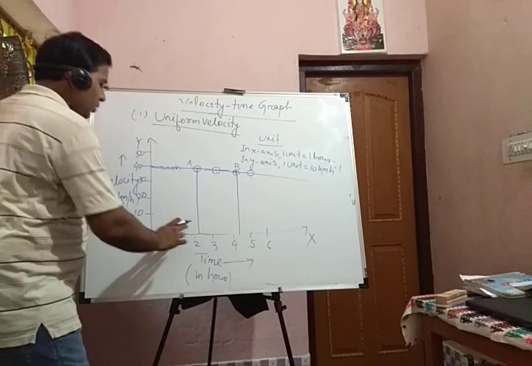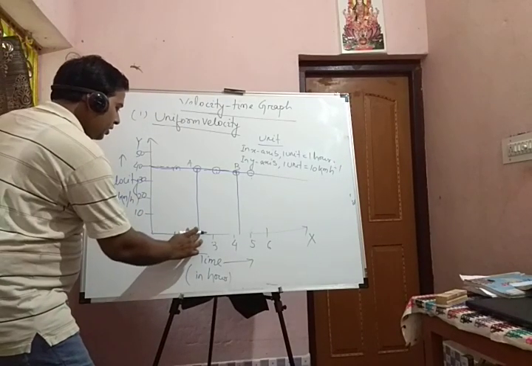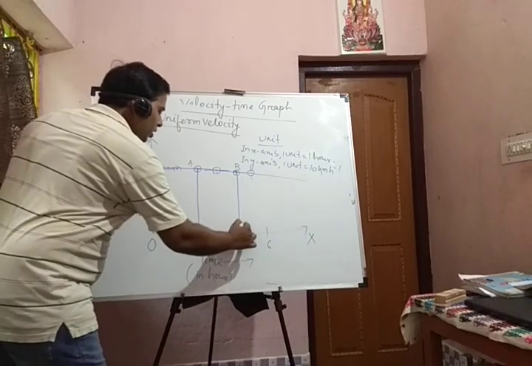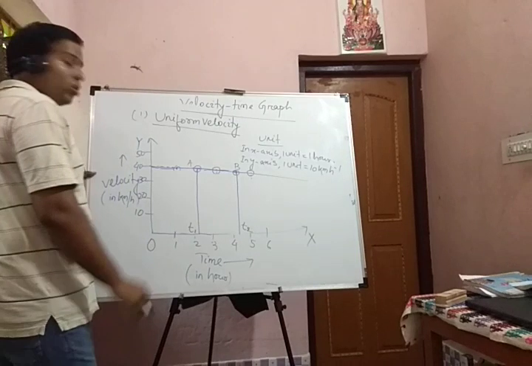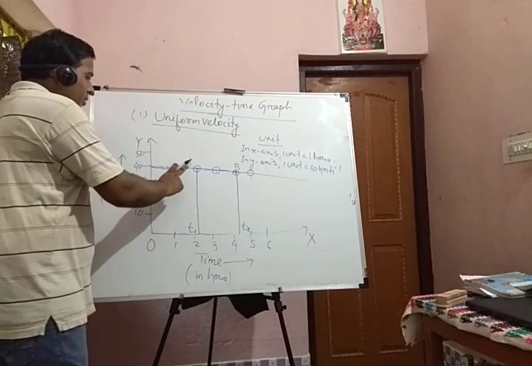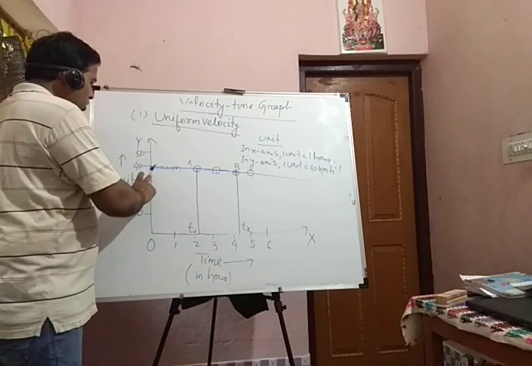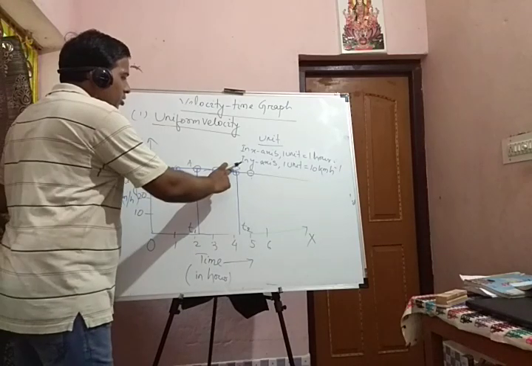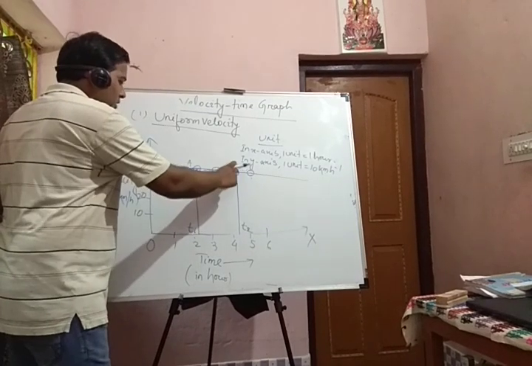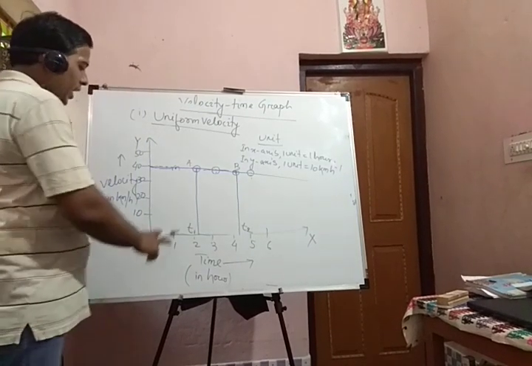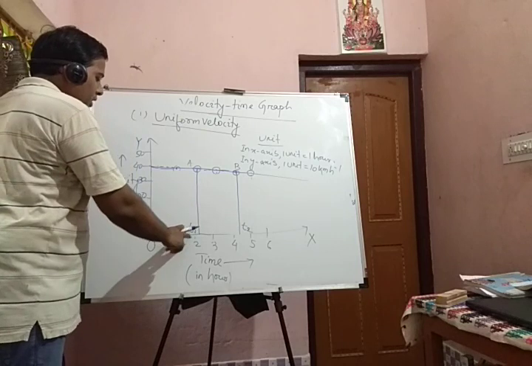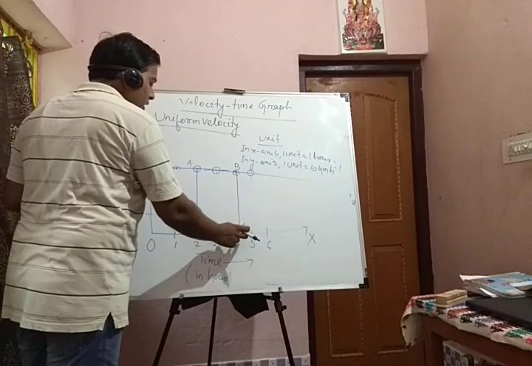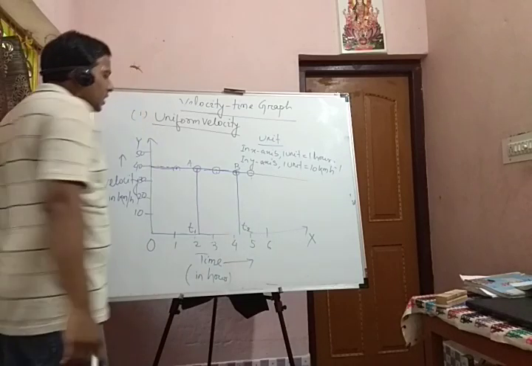Suppose here the time is t1, and here the time is t2. So we have drawn one line parallel to the y-axis from point A to the x-axis, and another line parallel to the y-axis from B to the x-axis. This line meets the x-axis at t1, and this line meets the x-axis at t2.